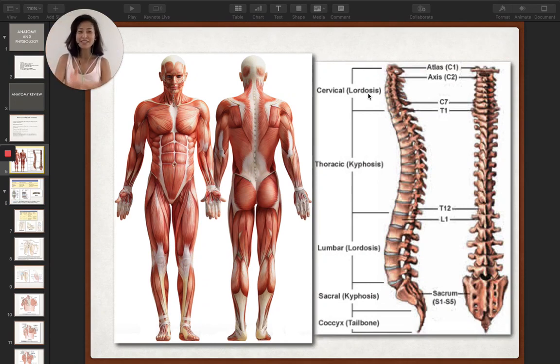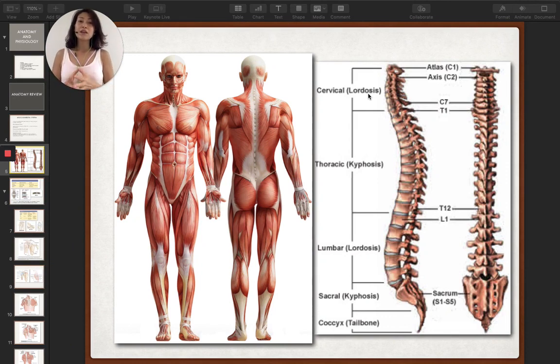Okay, let's continue. So from C7 here, if you keep nodding your head down, you will touch the highest part of the bony thing that is poking up here, and that's the connecting part of C7 to T1.